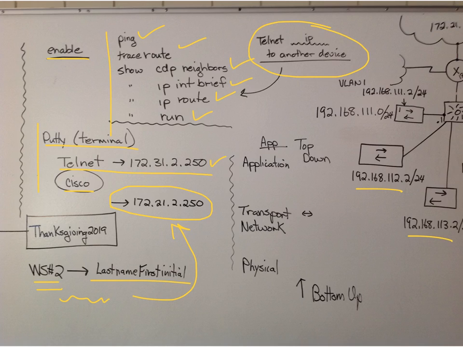We talked about troubleshooting top down, looking at the application, looking down through the OSI model, and we talked about bottom up. Look at the physical connections and then work your way up. Can you ping? Is the addressing right?